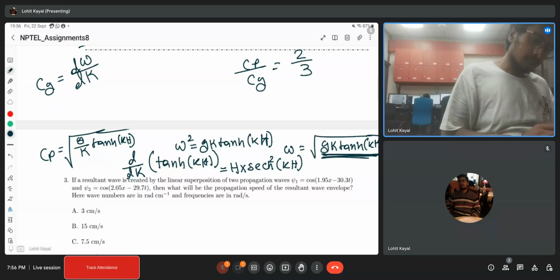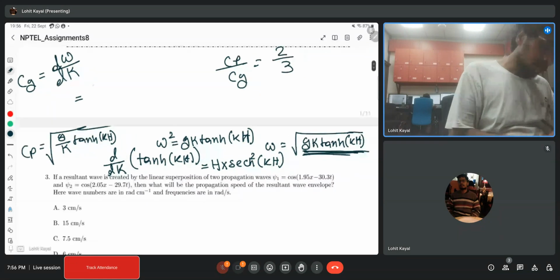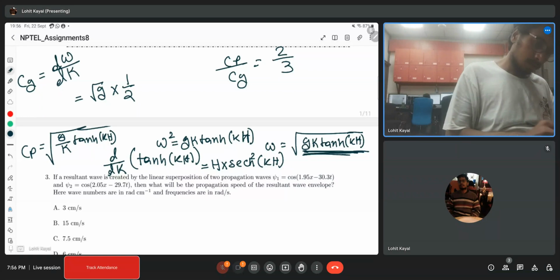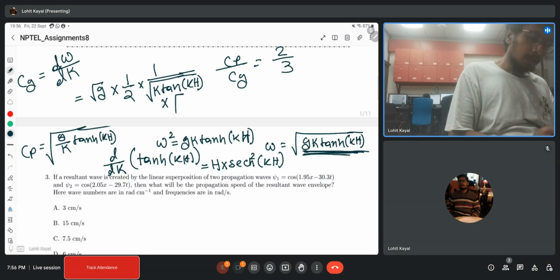So what will be your Cg? Cg will be square root g, which is a constant, into half into 1 by square root of k tanh kh, into tanh kh plus kh sech square kh. So this is a complicated expression.